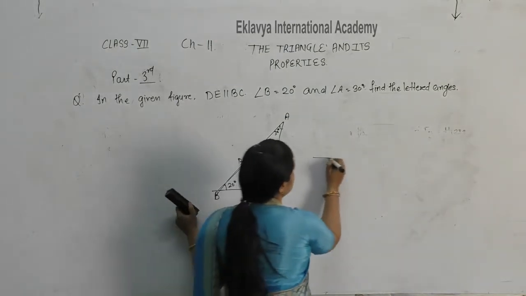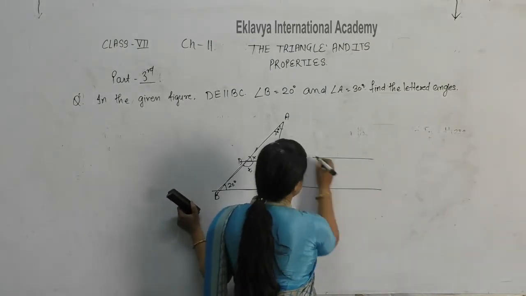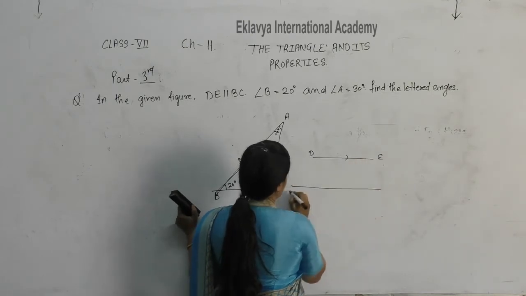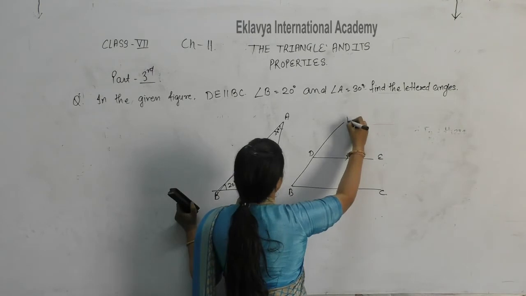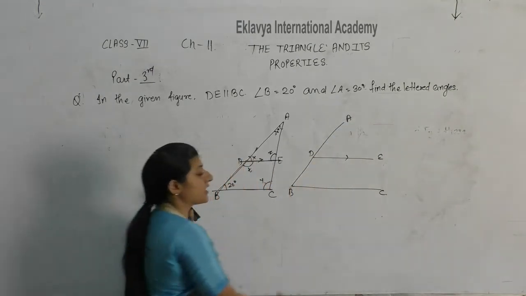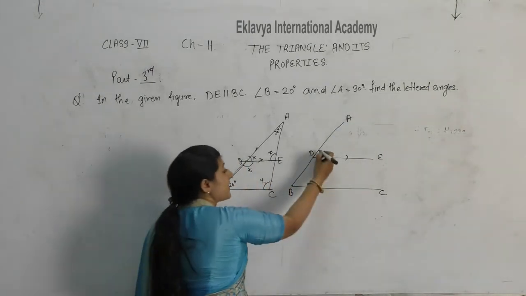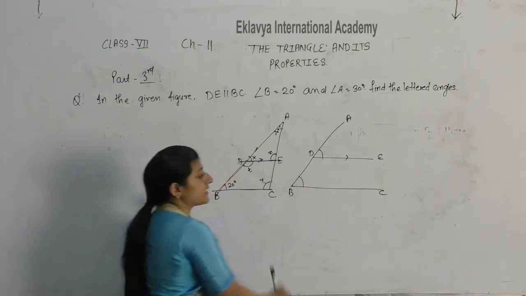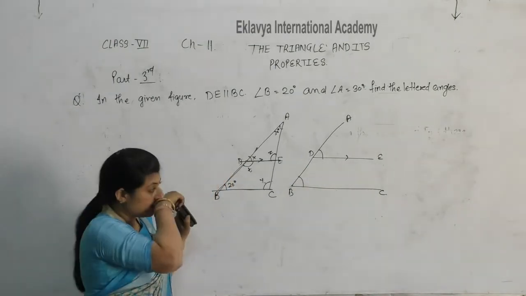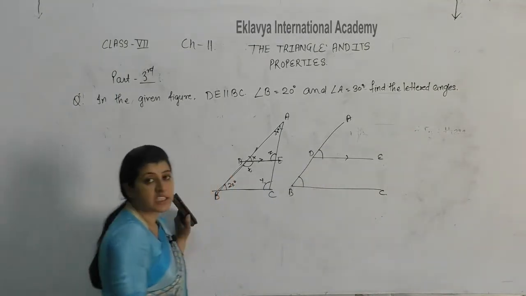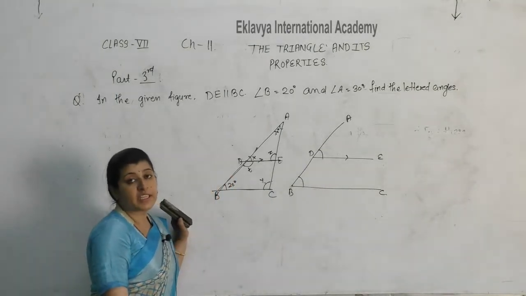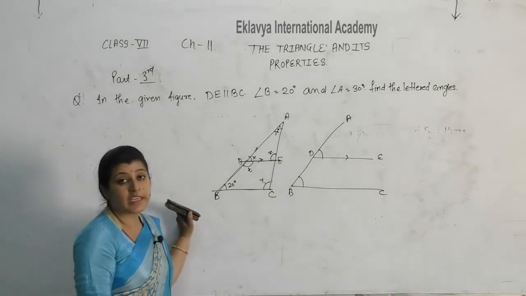If I make it like this, DE parallel to BC, then ADB is the transversal for it. Then what is the relation between these angles? This one is interior and this one becomes exterior. So a pair of interior and exterior becomes corresponding angles.